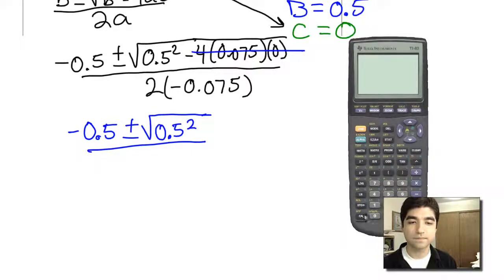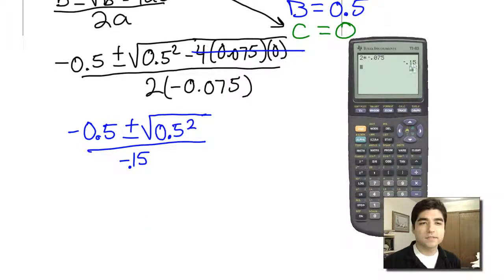All over, let's do 2 times negative 0.075, which is negative 0.15.